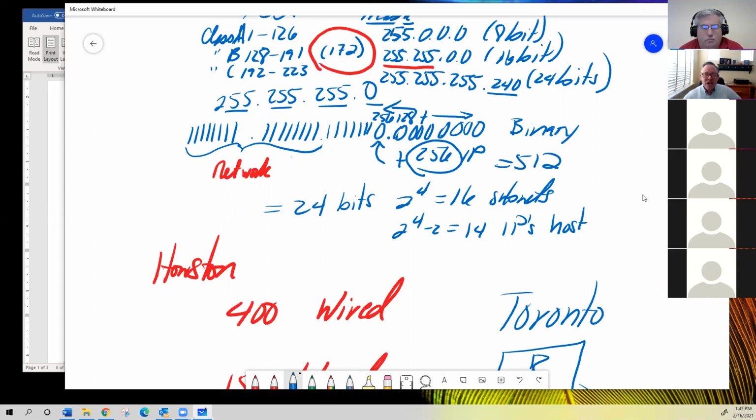Your mask has changed now to, you took away 1 bit. So that was the 1 bit in the 3rd octet, but now you're adding it to the 4th. It's a little weird here. So 255 minus 1 is 254 here. And now it's like you've got 7 ones in the third octet and 9 bits in the 4th one, which gives you 512 IP addresses.